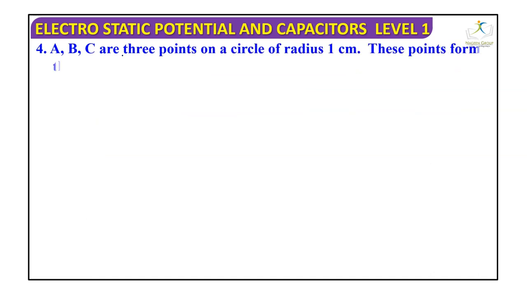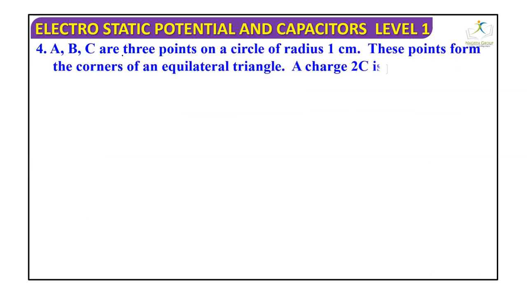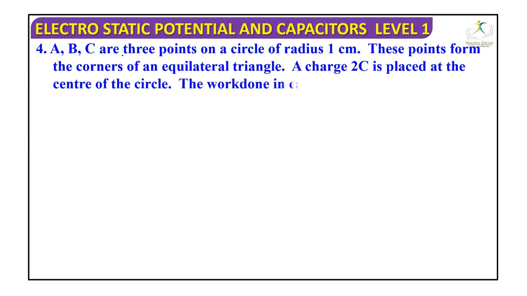Next question: A, B, C are 3 points on a circle of radius 1 centimeter. These points form the corners of an equilateral triangle. A charge of 2 coulomb is placed at the center of the circle.